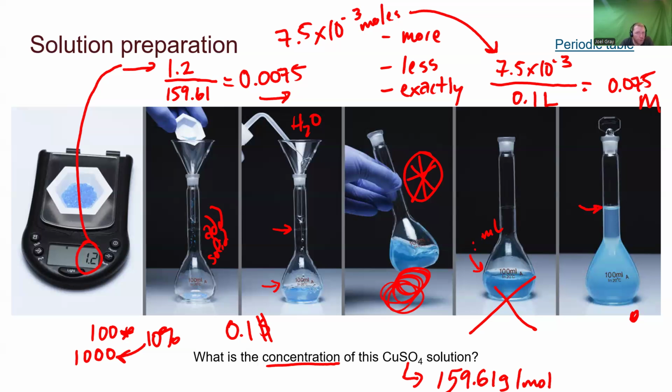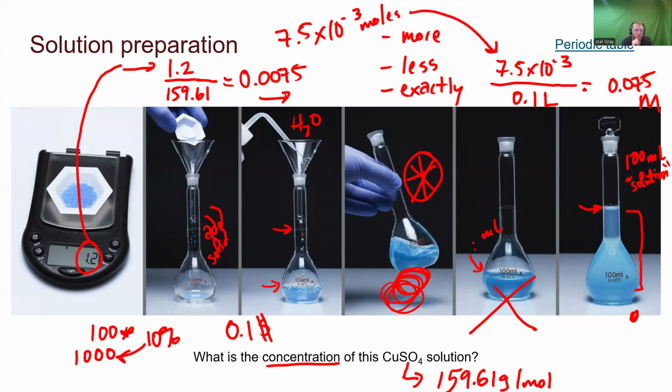Now, this is a tricky question. This is like a next level sort of question, but I think you guys are up for it. Okay. In here is 100 milliliters of solution. In that solution, we have copper ions and sulfate ions.